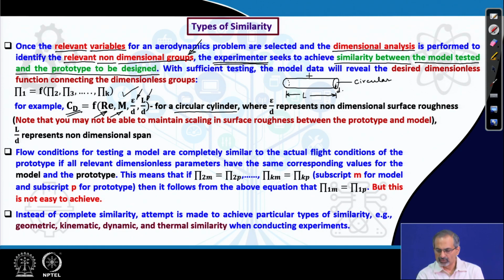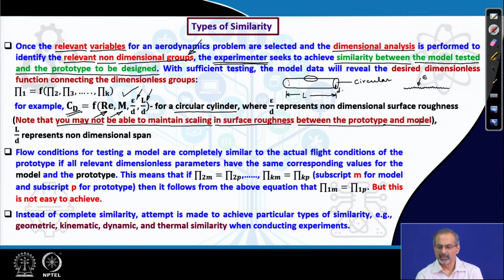If you zoom deep onto the surface and try to make measurements, you will see undulations on the surface like this, which give an assessment of the surface roughness, which we are indicating through epsilon. And you need to note that you may not be able to maintain the scaling in surface roughness between the prototype and the model.